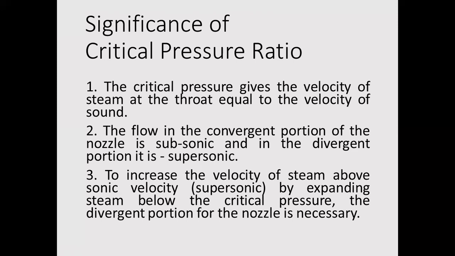To increase the velocity of steam above sonic velocity by expanding steam below the critical pressure, the divergent portion of the nozzle is necessary. So we are using the convergent divergent nozzle.